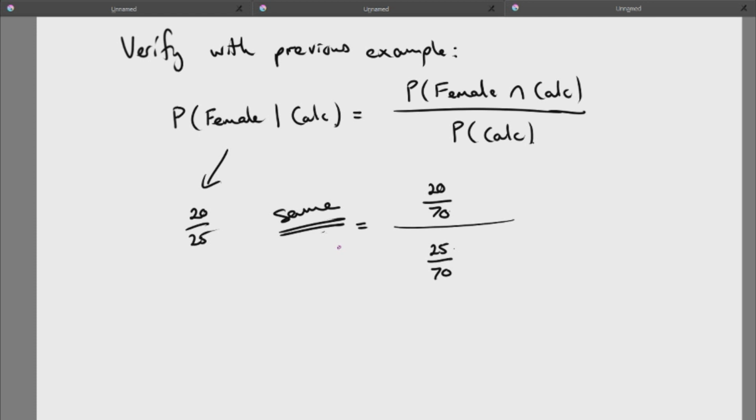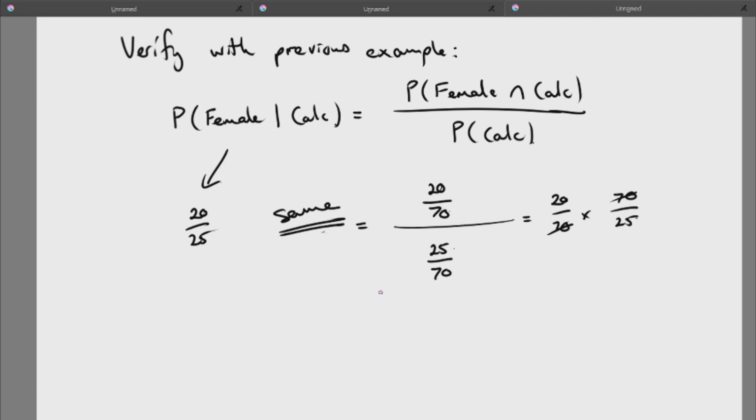How is the top part of the fraction in the formula, 20 over 70, translated into just 20 on the...? If you plug it into your calculator, or if you remember fractions well, division by a fraction is multiplication by the reciprocal, and then the common factors cancel, and I get the original.